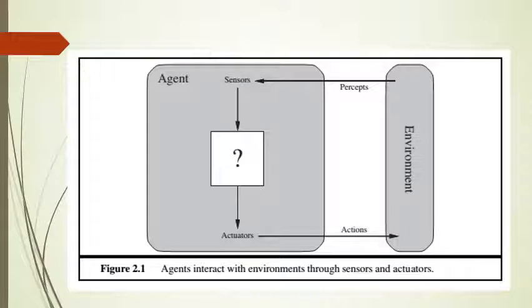The actuators are used to perform certain actions. So all is done with the help of sensors and actuators. The actions are performed through actuators and the perception is done through the sensors. So agents interact with the environment with the help of sensors and actuators.